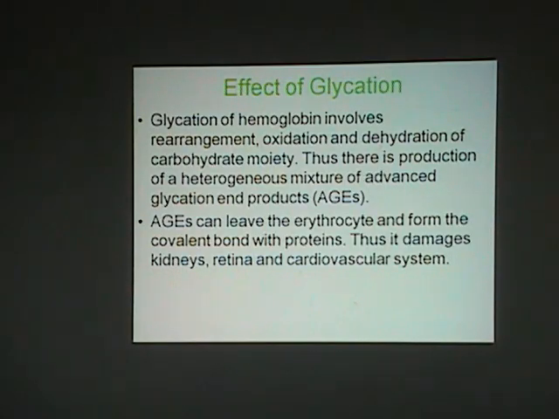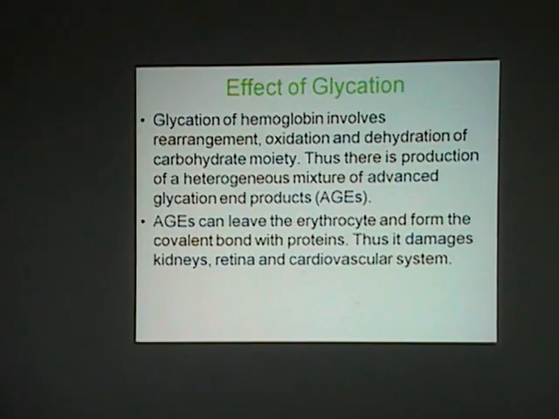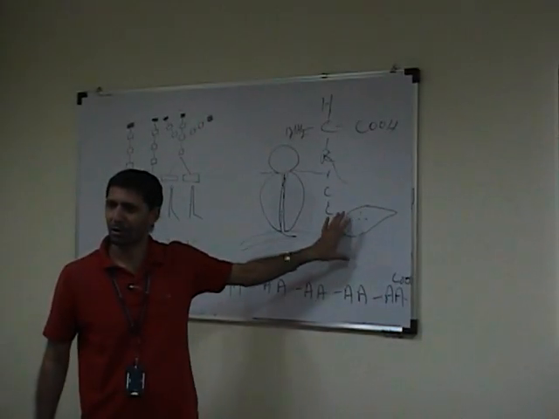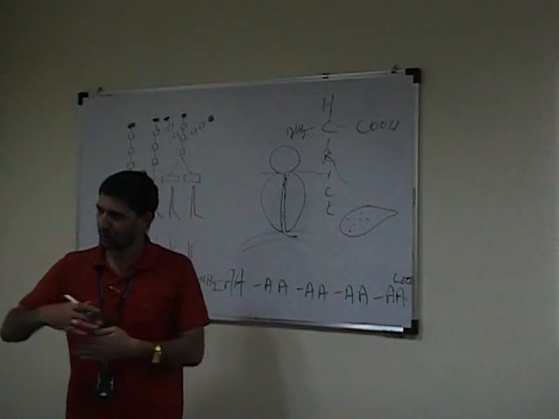Suppose this is your Plasmodium, and it takes hemoglobin, and the heme part is in monomer form, in single units.